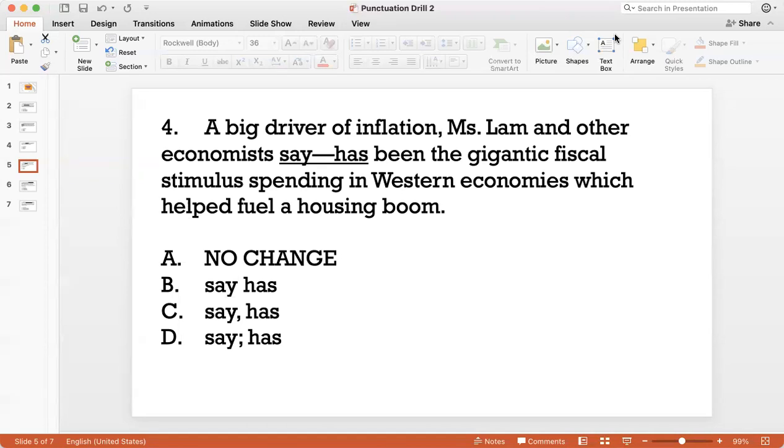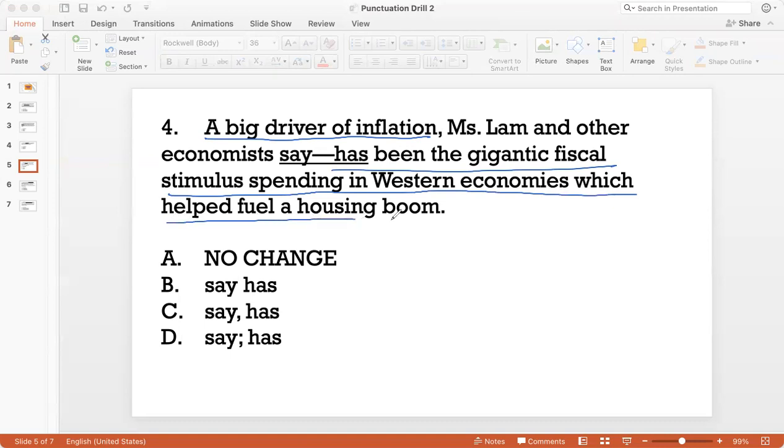The main sentence here is that a big driver of inflation has been the gigantic fiscal stimulus spending in Western economies that helped fuel a housing boom. The fact that Ms. Lam and other economists have said this is additional information, because I can take it out of the sentence and my sentence will still stand on its own. It would be grammatically correct.